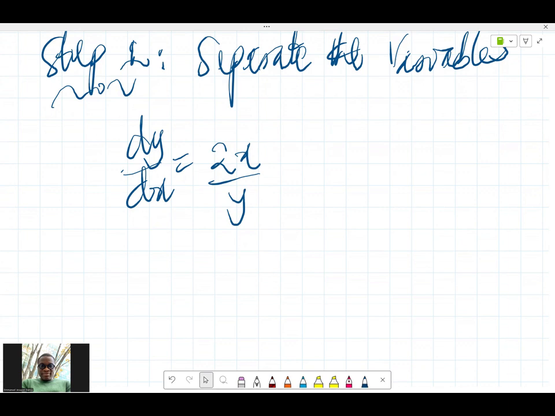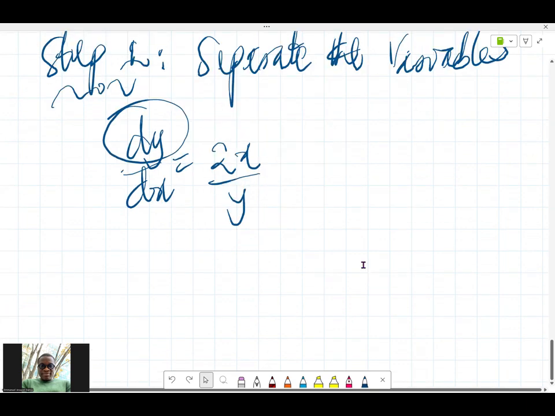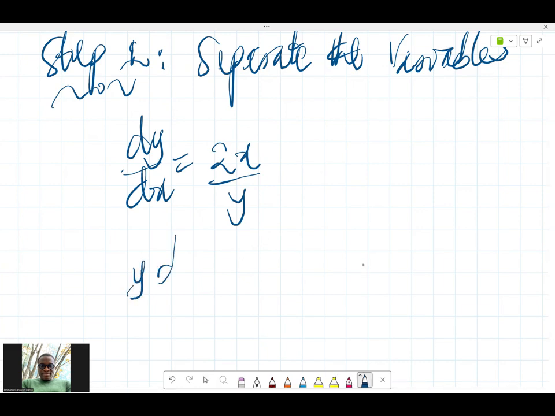Here you have dy and y, and dx and 2x. So we can just cross multiply, and then you have y dy equals 2x dx.